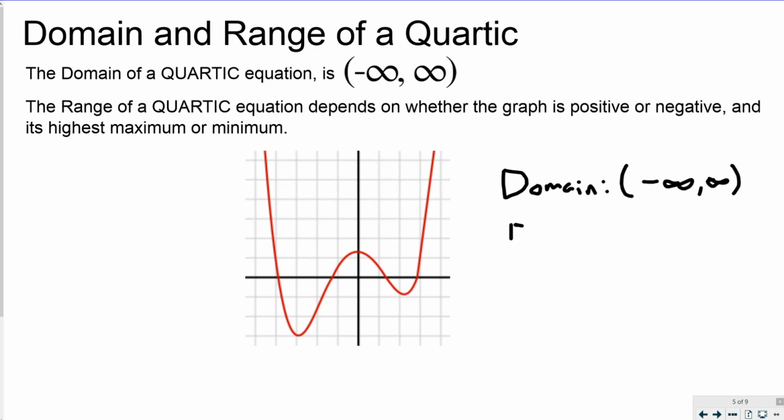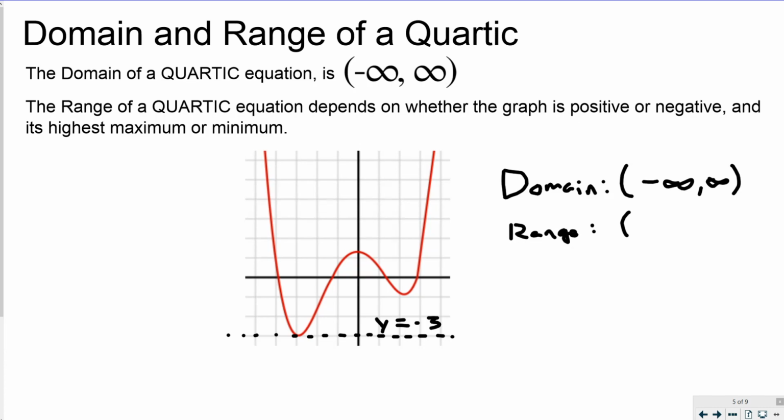The range is a different story. For the range, I have a lowest point here. If I draw this all the way across, this is y equals negative 3. And then up here, the range would go towards positive infinity.